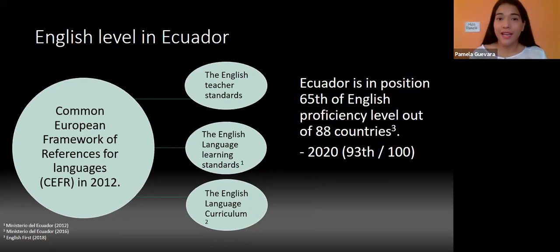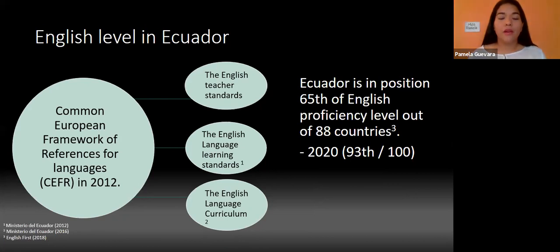The first information that I got from the EF webpage was that Ecuador was in position 65. However, I updated this information, and in 2020, Ecuador is placed in 93.